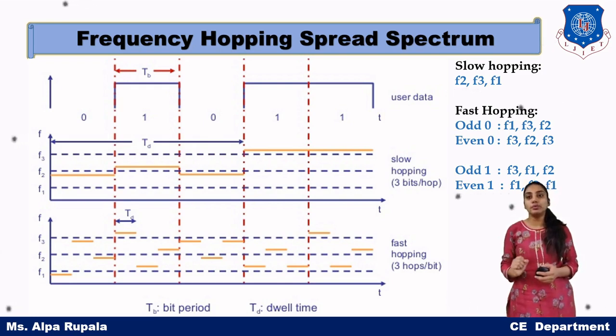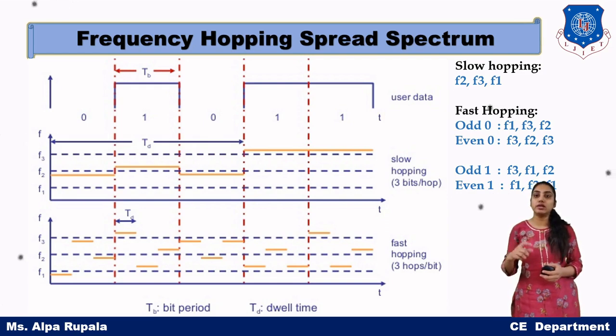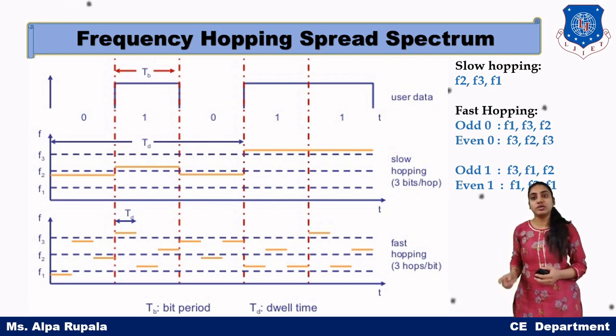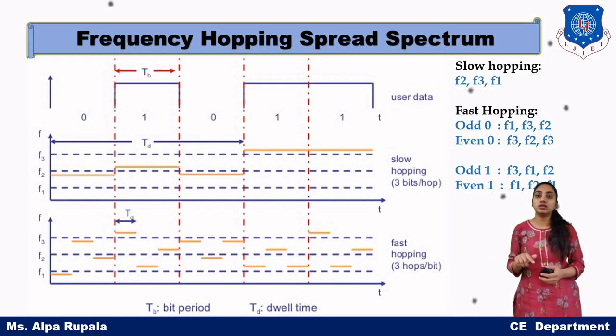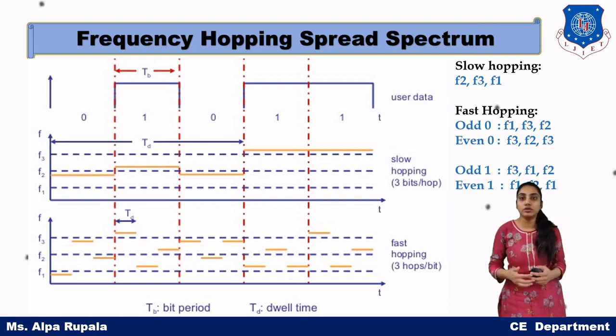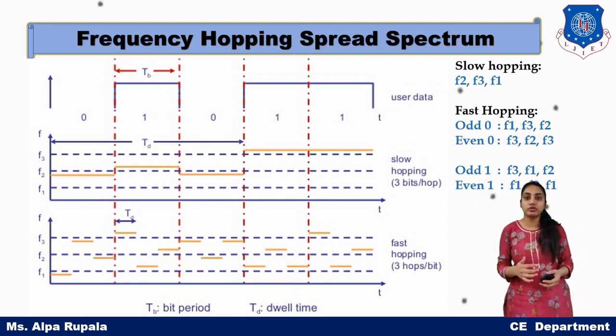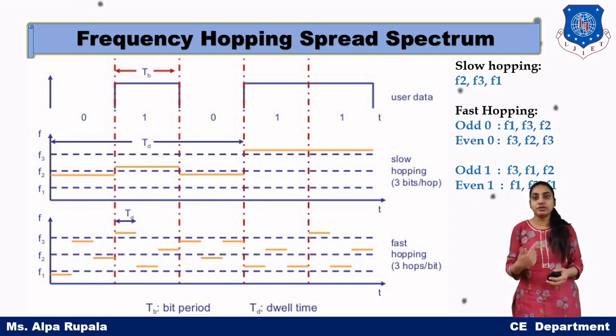In slow hopping, the bit time will be lesser than the dwell time, but in fast frequency hopping the dwell time will be lesser than the bit time. So in fast hopping, for a single bit transmission we select multiple frequencies for the modulation.